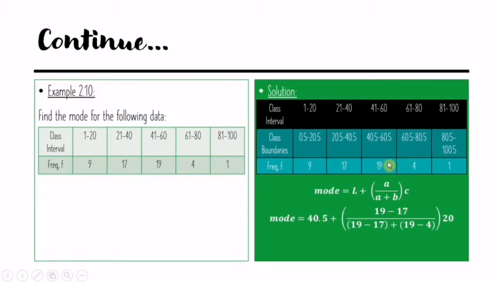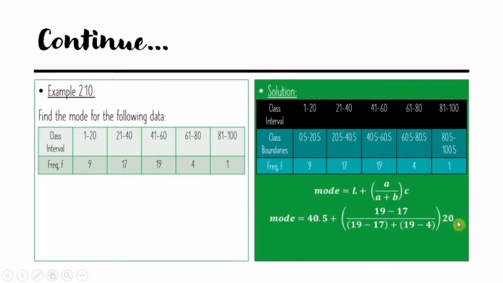So 19 minus 4, which is 15. So basically 40.5 plus 2 divided by 2 plus 15, multiplied by 20. C is the class size.